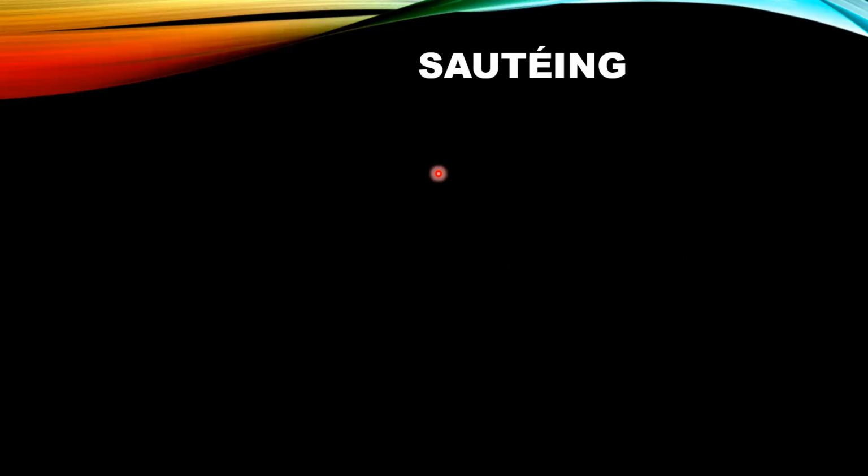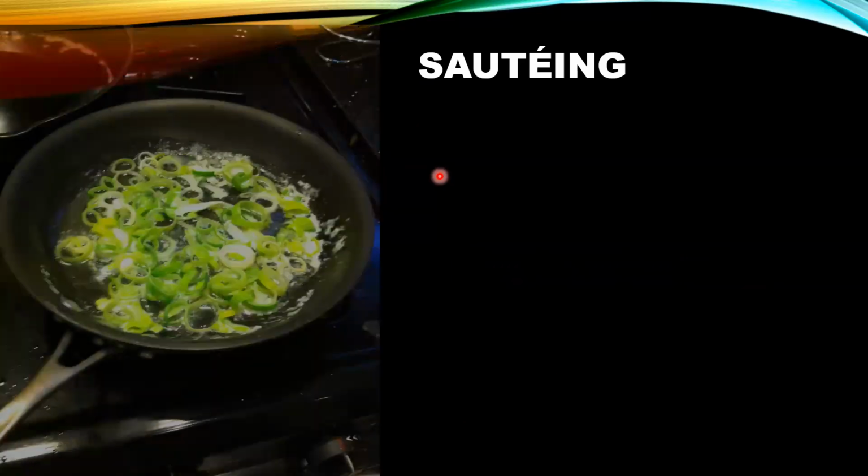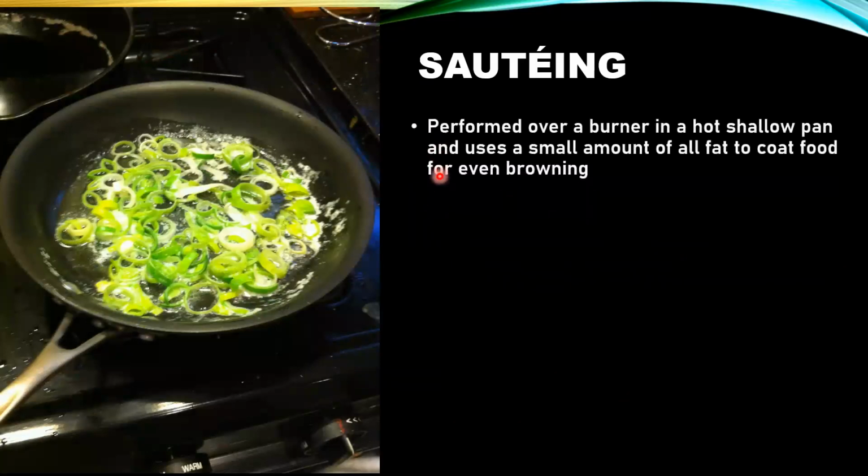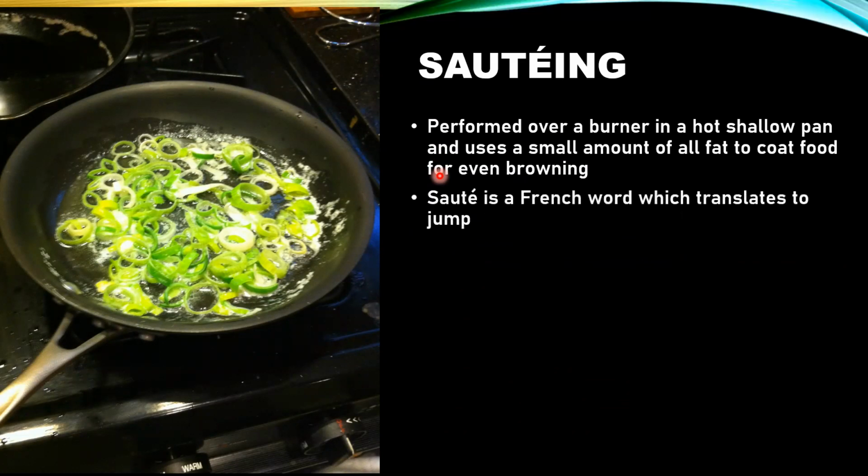We also have sauteing. It is performed over a burner in a hot, shallow pan, and it uses a small amount of fat to coat the food for even browning. Sauté is a French word which translates to jump.